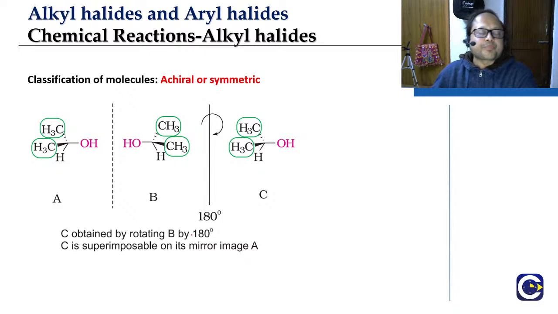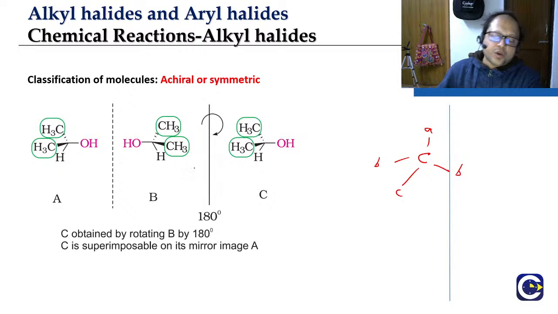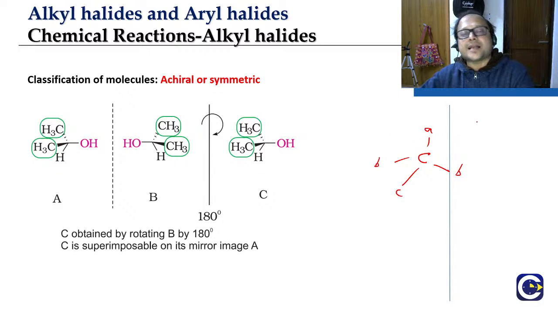Okay, now as we discussed, whether a molecule is going to be achiral or symmetric. So basically, if I have this as my carbon and there are 4 groups, say A, B, C, and this one is again B. Even if one of the groups is repeated, you are not going to get any asymmetry.